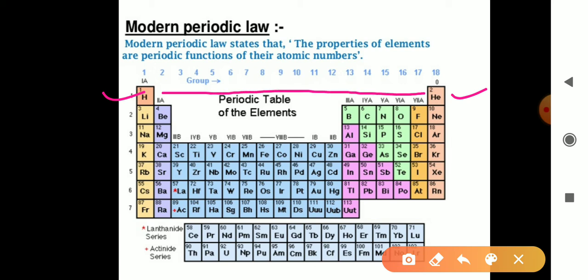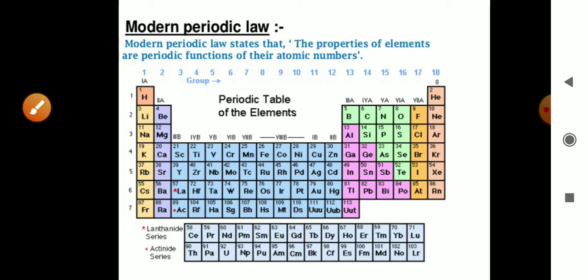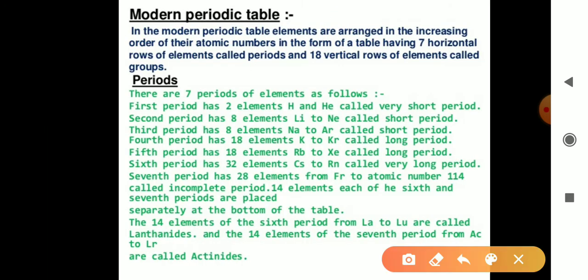As this period contains only 2 elements, it is called the very short period. Then the second period has 8 elements, lithium to neon, called a short period. So the first period is called very short and the second period is called short.